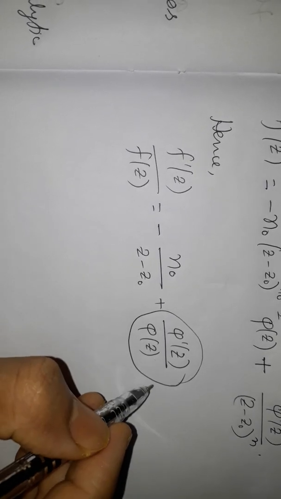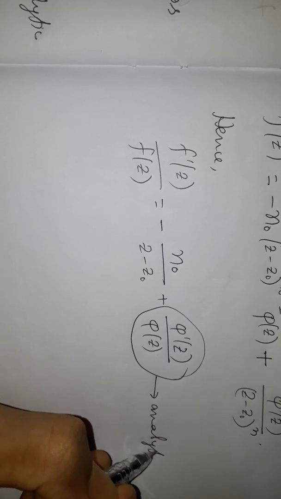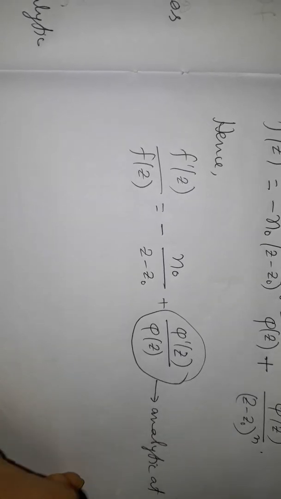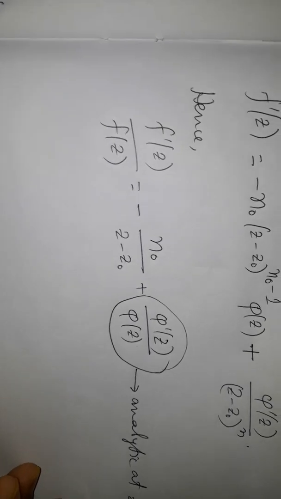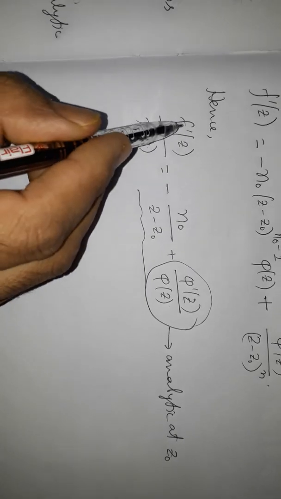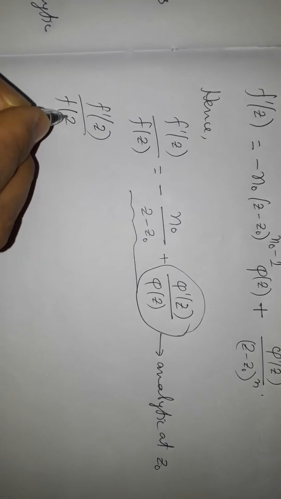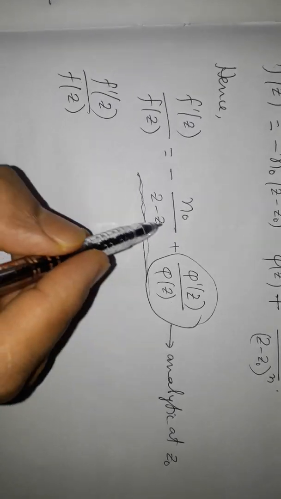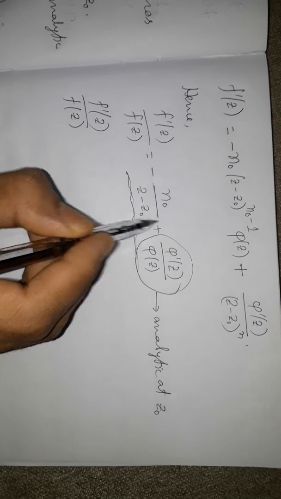Okay, so because it is analytic at z naught, it has a Taylor series expansion about z naught, in non-negative powers of z minus z naught. So you see that f prime z by f z again has a simple pole, because the only negative power is z minus z naught to the power minus 1.